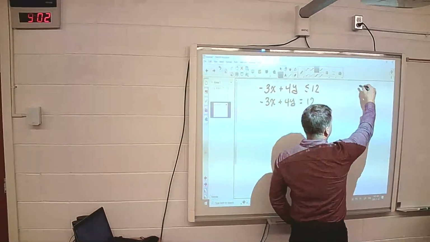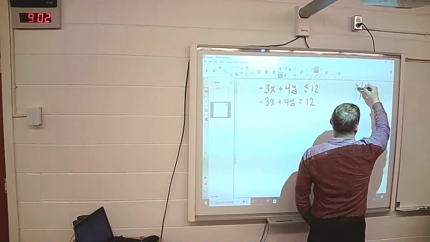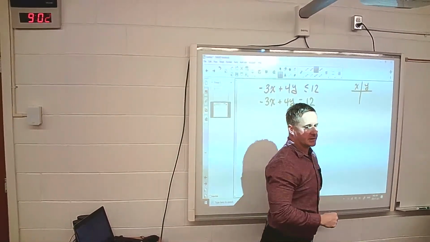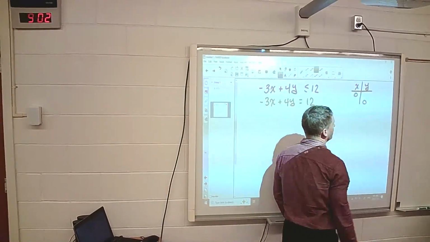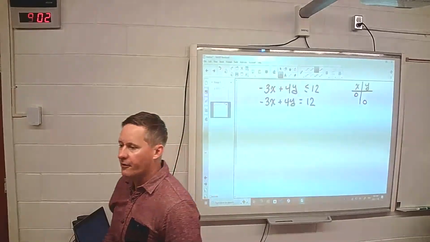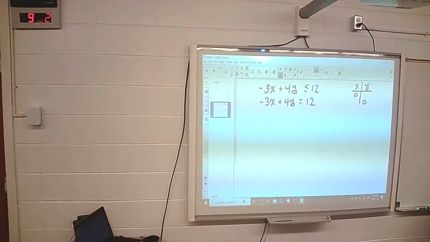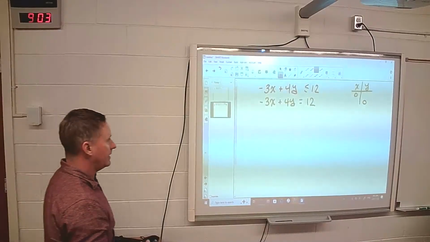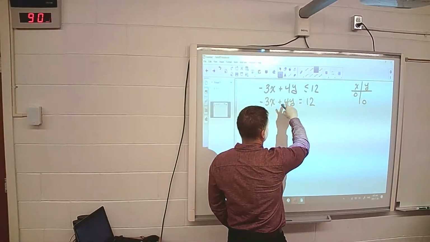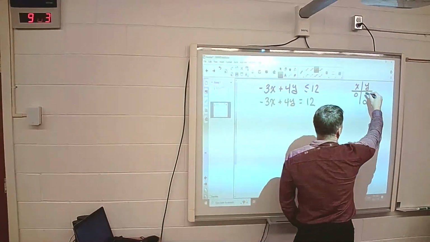The first way I can do it is find the intercepts. Put 0 in for x, solve for y. Put 0 in for y and solve for x. That would give me 2 coordinates that I can graph and then draw the line through. All right? So I'll put 0 in for x. That means 4y equals 12.